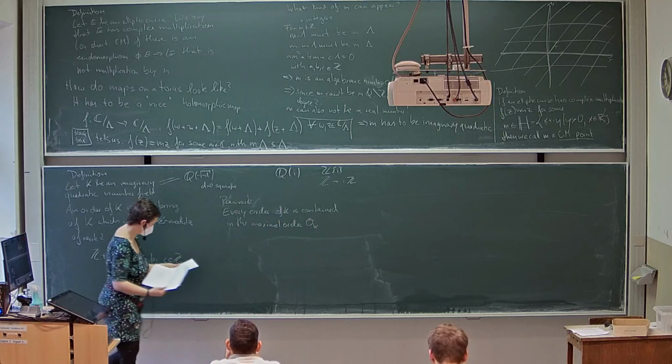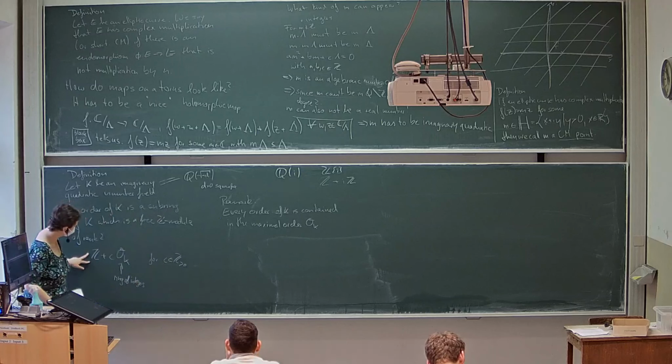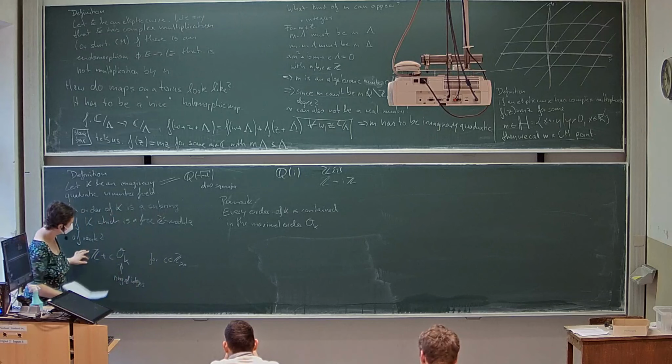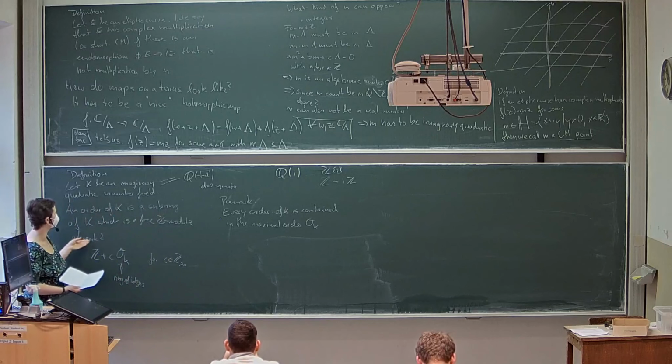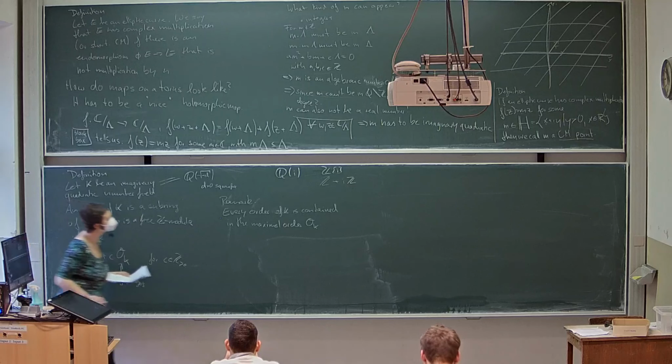Okay, so now we want to prove this, basically, namely that an order of K always looks like this.